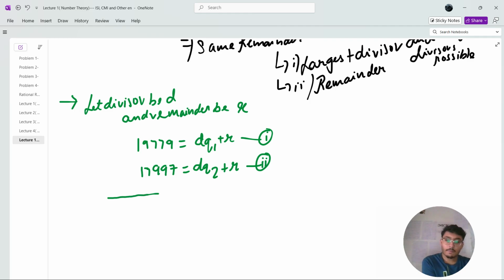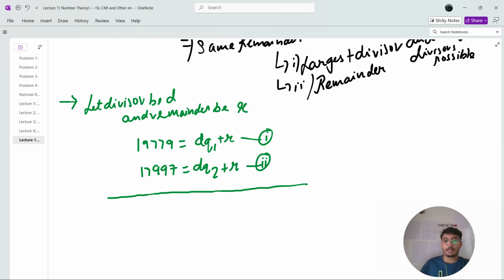Now, if we subtract them, q1 and q2 are two different quotients, sorry for my slip of tongue. R is the same remainder and d is the same divisor. So I subtract equation 2 from equation 1.